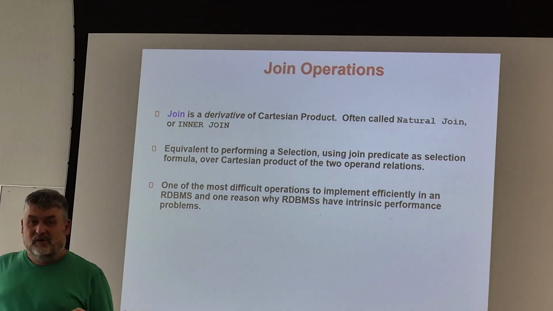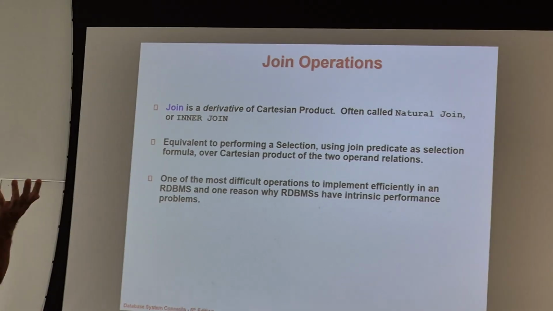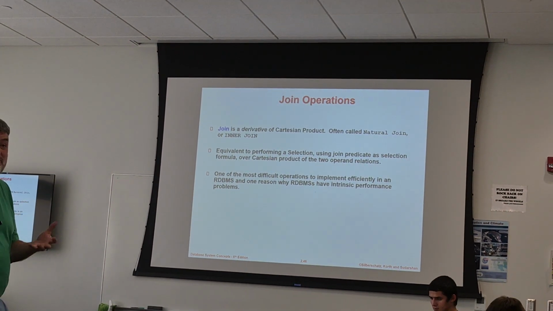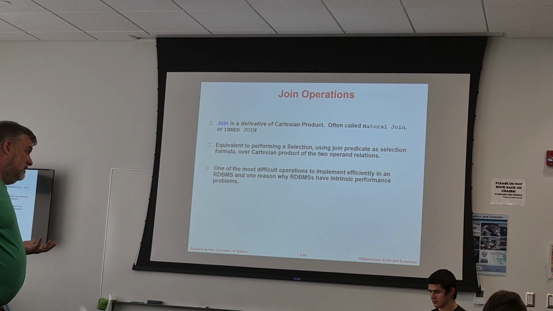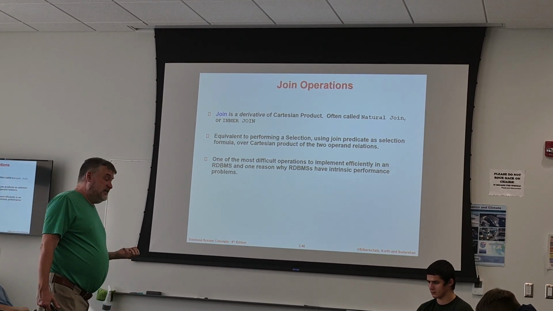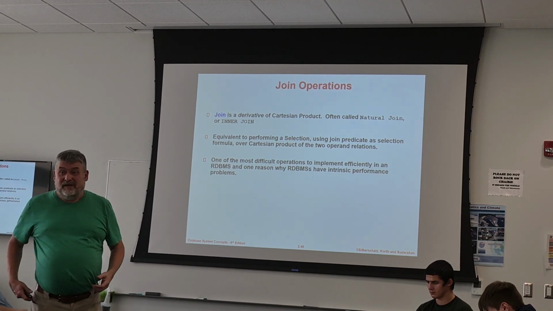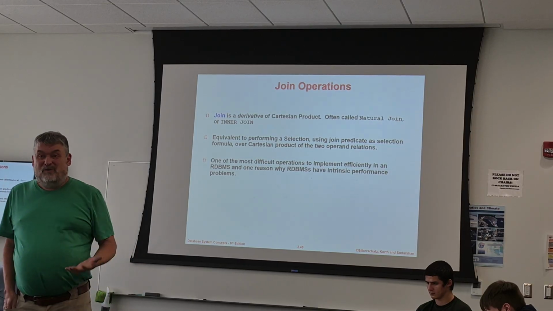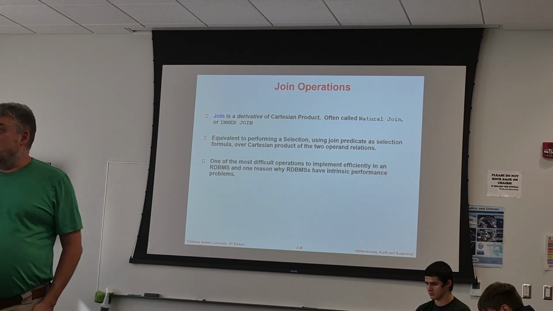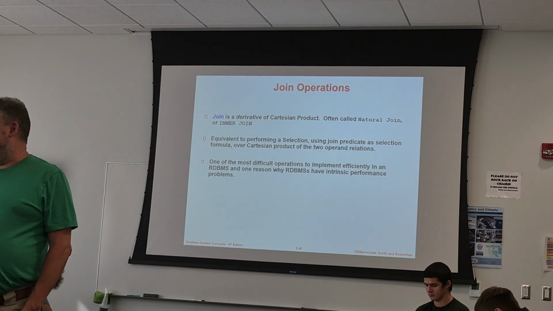Because join operations require the Cartesian product in order to work, and since Cartesian product is one of the least efficient operations in the fundamental set of operations in a database, that means that your join operations are also going to be the most expensive time-wise, the least efficient operations to run in your database.